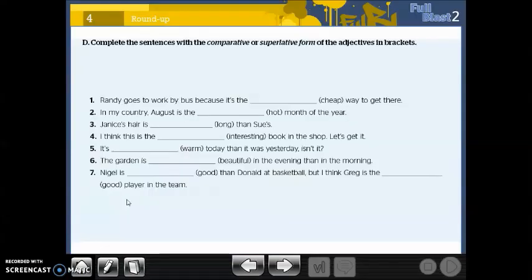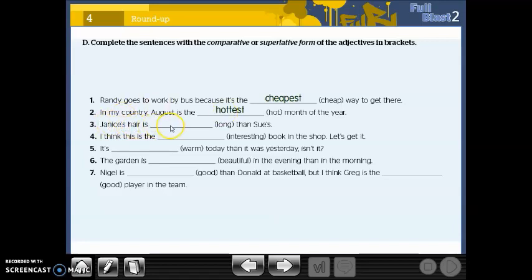Now we want to do this exercise using the comparative or the superlative. Randy goes to work by bus because it is the cheapest way to get there. In my country, August is the hottest month of the year.